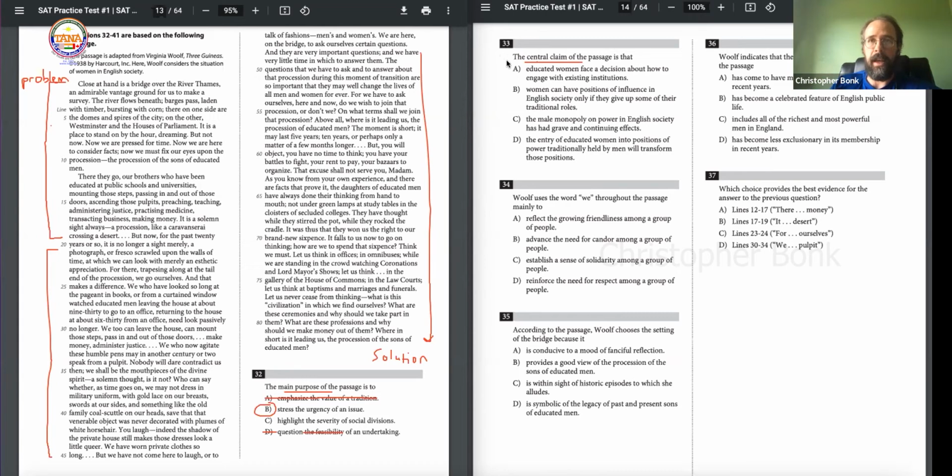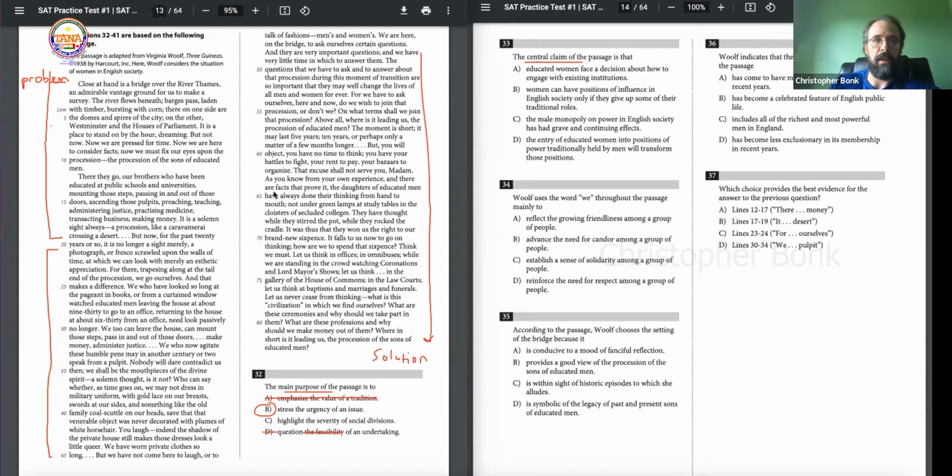The first one, A, educated women face a decision about how to engage with existing institutions. This one's kind of tricky right here. The second part is definitely true. Facing a decision about how to engage with existing institutions is what this article is completely about. Sometimes people might get a little caught up on the first part, the educated women, because it says that they're not educated at public schools and universities.